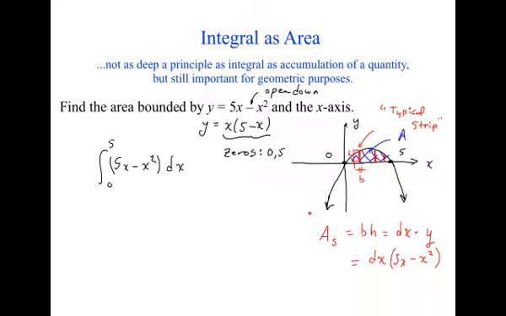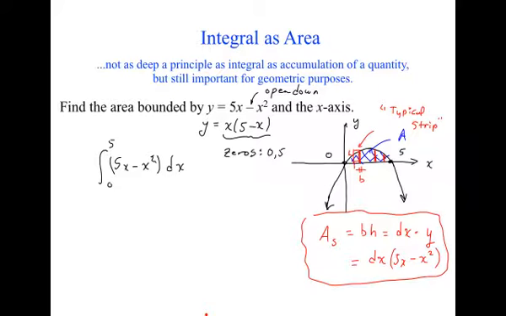Okay, so this setup work is going to be our typical strip. So then what are we going to do? We're going to add all the typical strips up, starting at 0 and ending at 5. So this right here is the area of one typical strip, and we're going to add them all up from 0 to 5. The thing is, we don't want to just try to write the integral down at first.